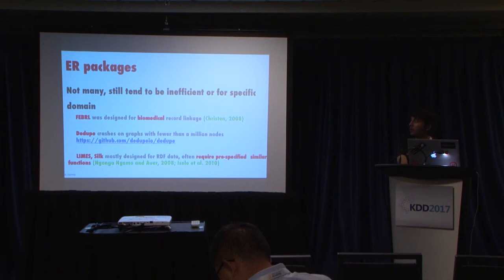Dedupe is for small graphs, it's written in Python and you can use that for smaller graphs. For bigger graphs, it doesn't have very sophisticated blocking, so unfortunately, it tends to crash very quickly once the graphs become big. And then the last two, Limes and Silk, are designed for the semantic web, so they're on RDF data.